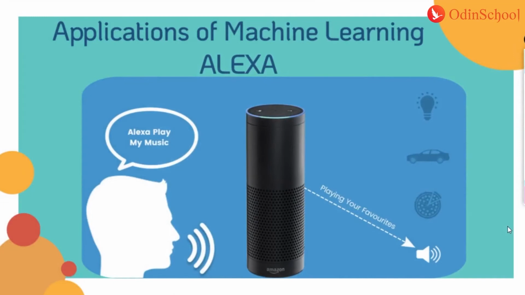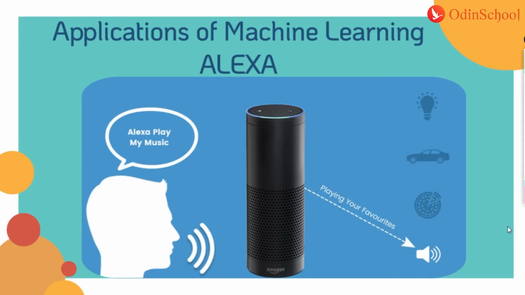Let's talk about some of the applications which we are using in our day-to-day life, which are part of machine learning. You have heard about Alexa. What does Alexa do?